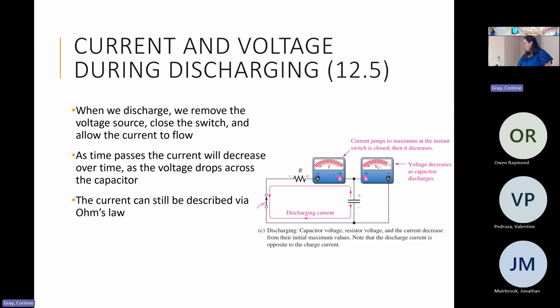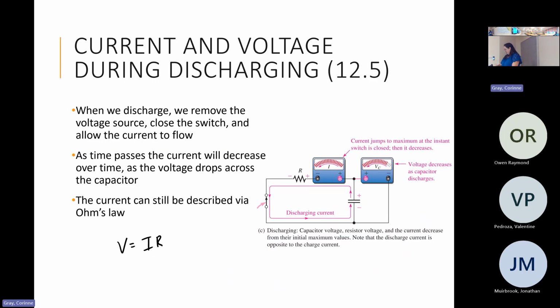I would still be able to use V equals IR, but over time, that voltage value is going to decrease, and so too is the current value. Using Ohm's law is kind of convenient, but it's not going to be great for explaining the behaviors over periods of time.